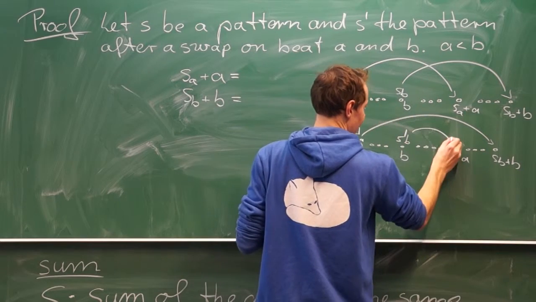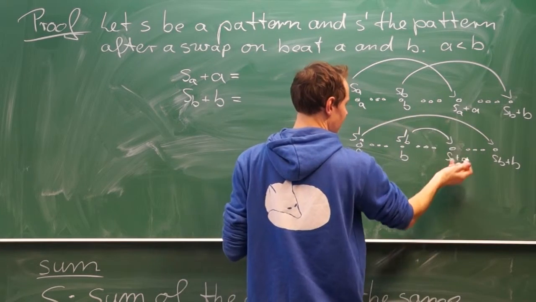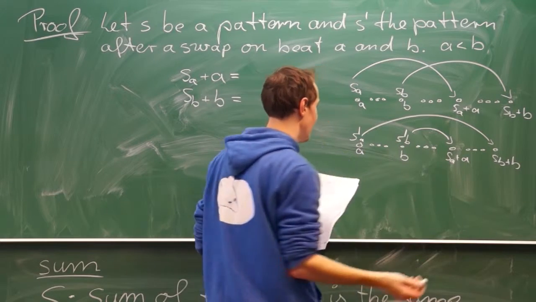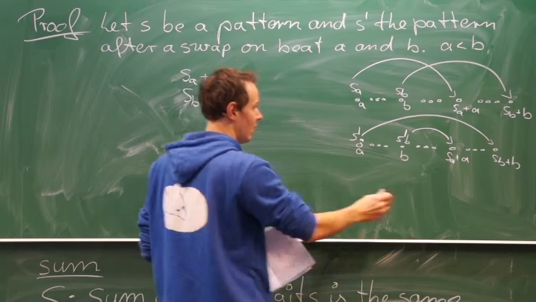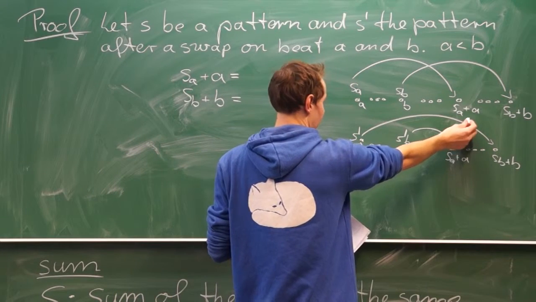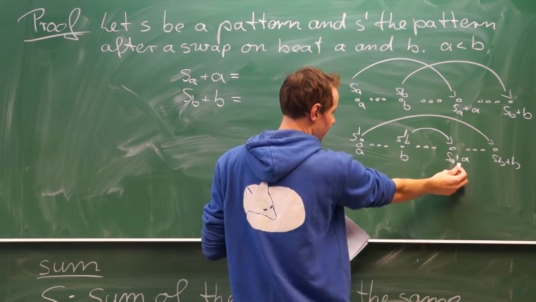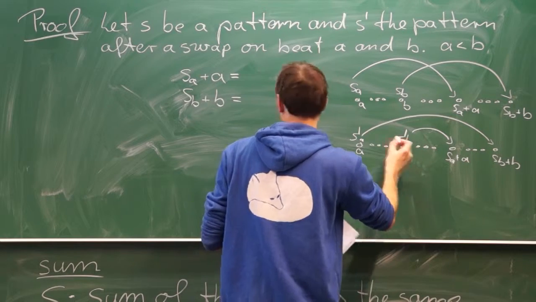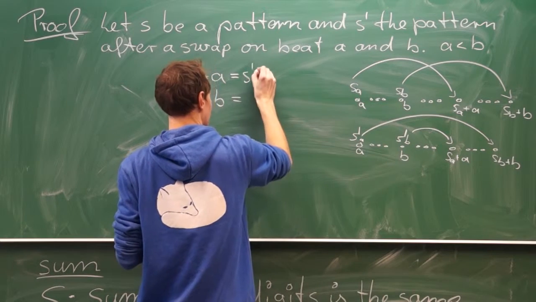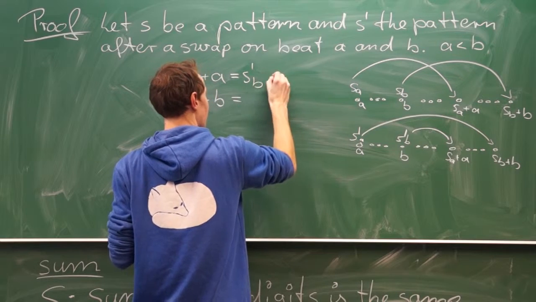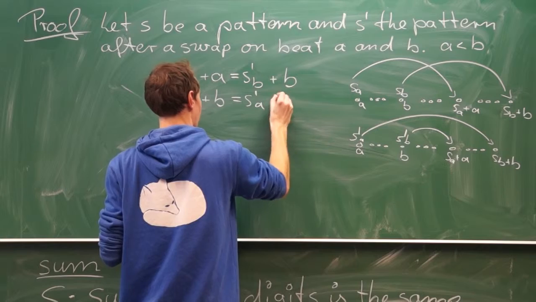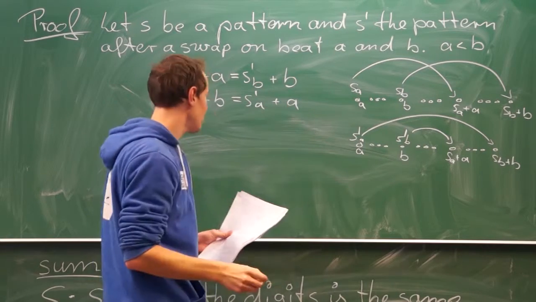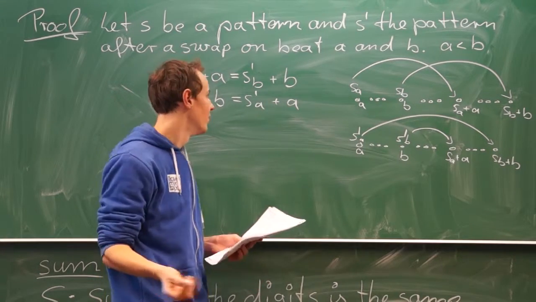And since we changed them, they go to the same beat, but from another object. So this one is A plus S_A, is this, right? And it's the same as B plus S_B prime. And this one is the same as this. Okay? So this is what we actually do.